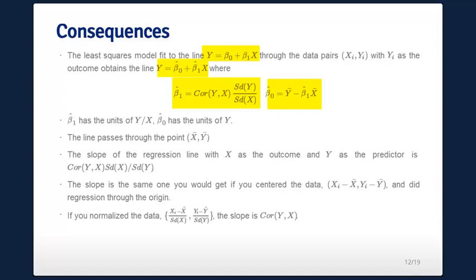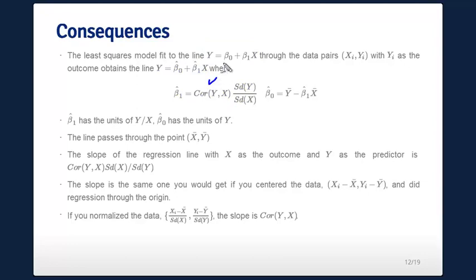Notice, by the way, the units work out right. Let me try again.